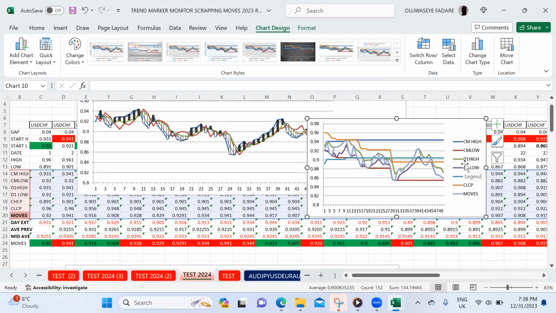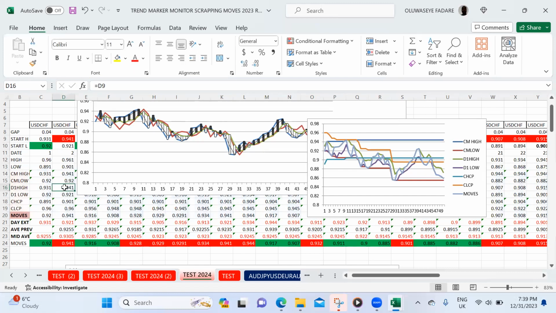Then we have the D1 high and D1 low. What this does is that it measures a risk factor. The risk factor is then used to monitor the trend of the market.